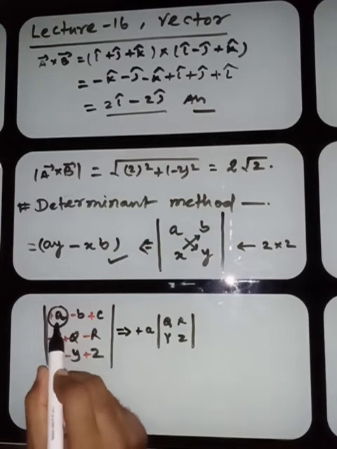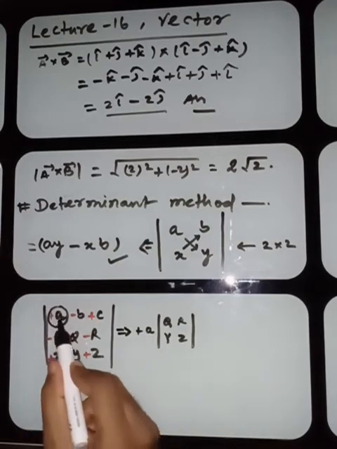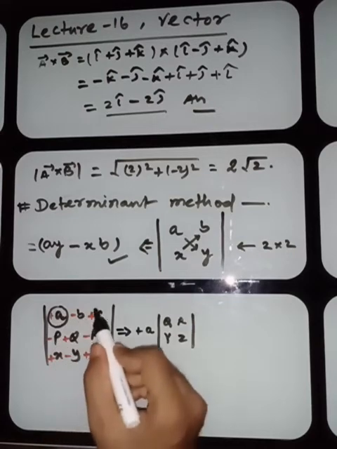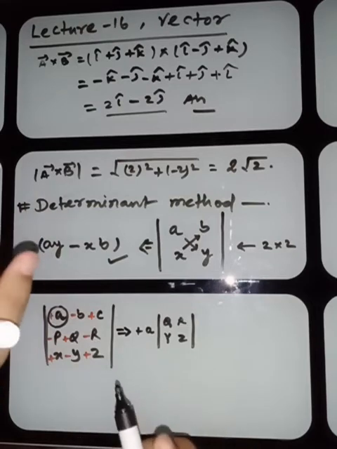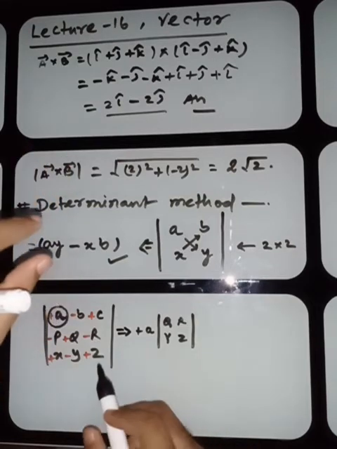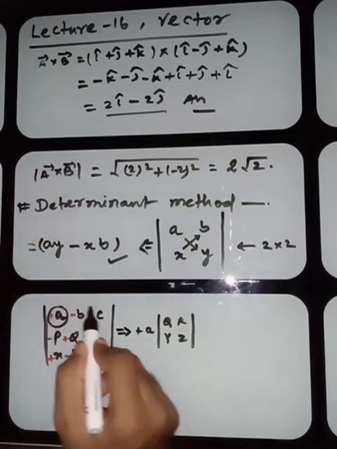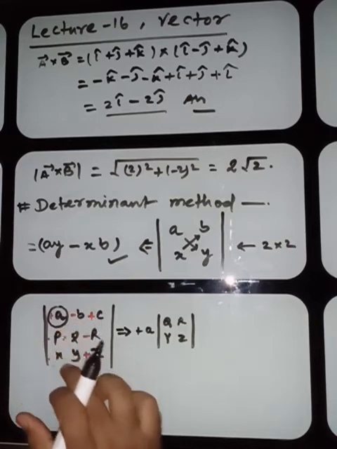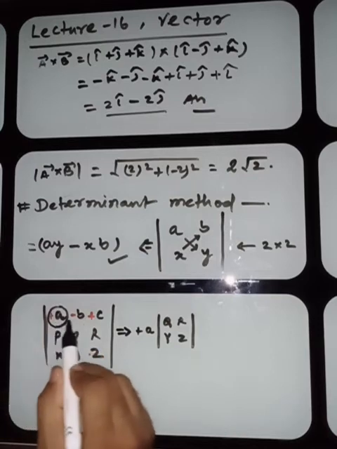Here I am going to pick A, B and C. You can pick A, P and X also. You can pick any row or any column. And to split this determinant, you have to put the nature. So if you wish to pick this row, then don't give the nature to the others, only give the nature to these 3.